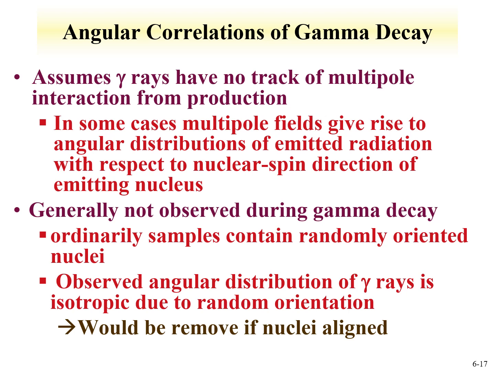One aspect of gamma decay that we discussed are these multipole interactions, both electric and magnetic. And there's the assumption that the gamma rays have no track of the multipole interactions from their production. In other words, there's no correlation between the behavior of the gamma rays as they're emitted from the nucleus and their multipolarity.